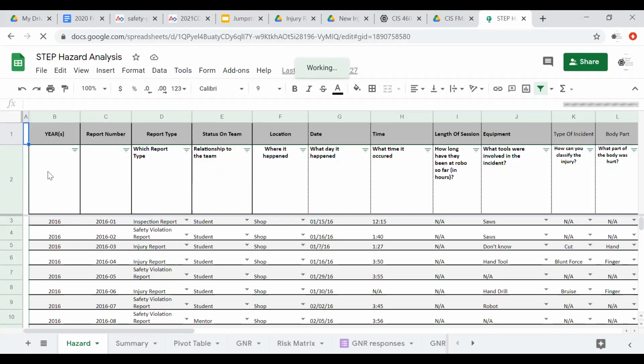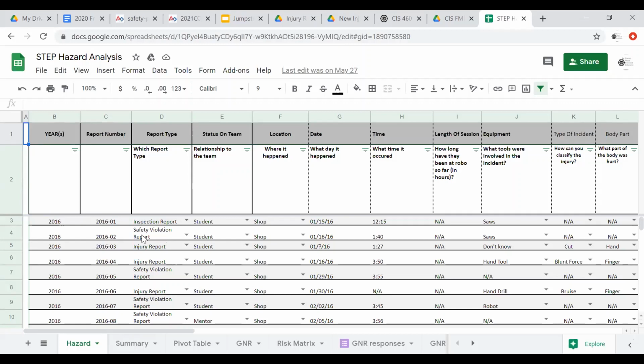So you're going to have your years and your report number. We organize them like 2016.04, so that we can keep track of what year it happened in as well. What report type? You can see we have inspections and safety violations.